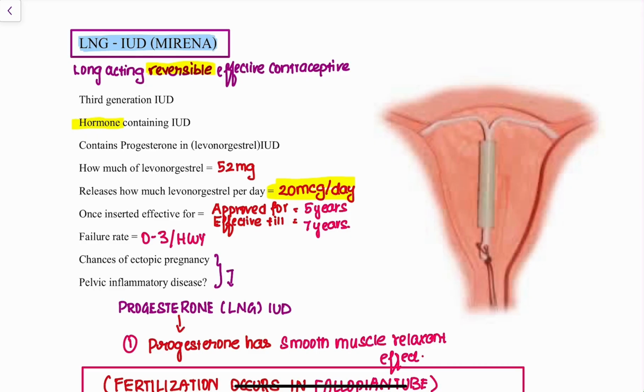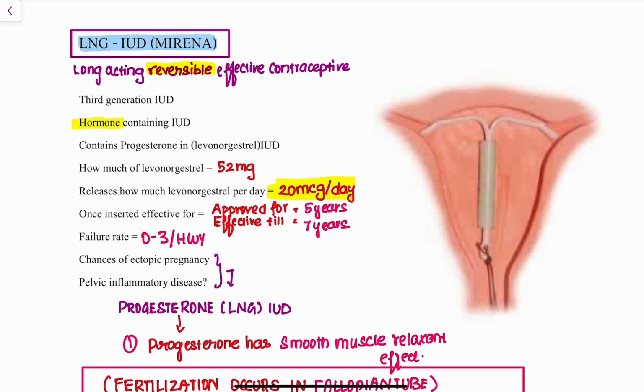The first generation is a non-medicated flexible small device, the Lippes loop, the second generation is the copper containing intrauterine device, and the third generation is the hormone containing intrauterine device, right? Under hormone containing intrauterine devices we have two: one is MIRENA and the second is progestasert. But you need not learn much about progestasert, you need to learn only about MIRENA, right?